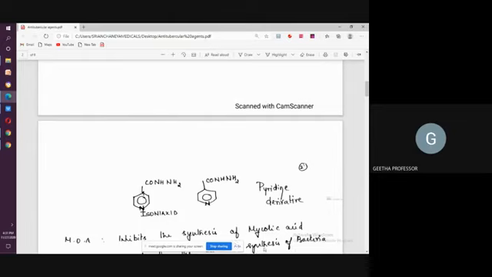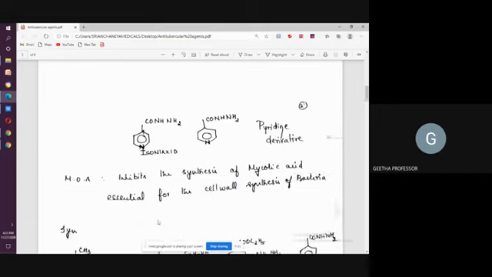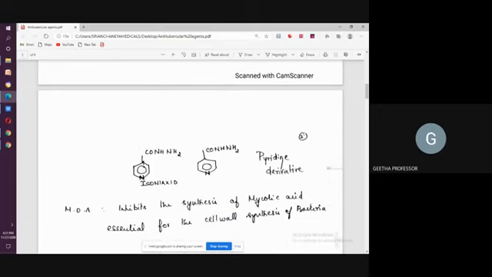Isonicotinic acid hydrazide is formed from nicotinic acid. It will enter and get converted into isonicotinic acid, which will mimic mycolic acid and inhibit the cell wall synthesis.